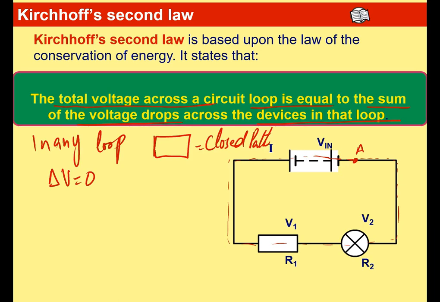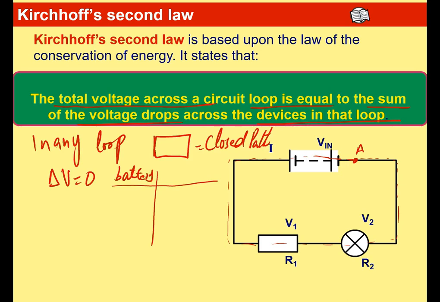But there are a few points we need to understand. Some kind of conventions. We have to be very clear about that. For a battery, we will follow a simple convention.